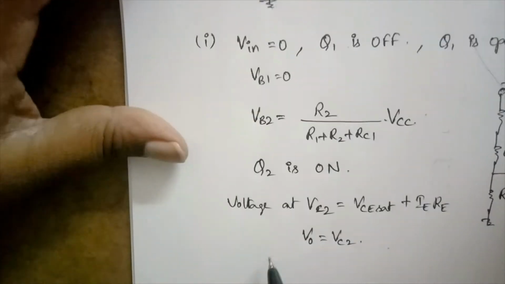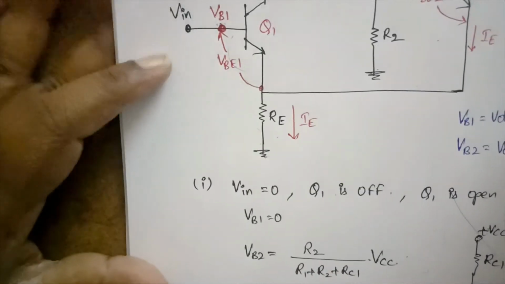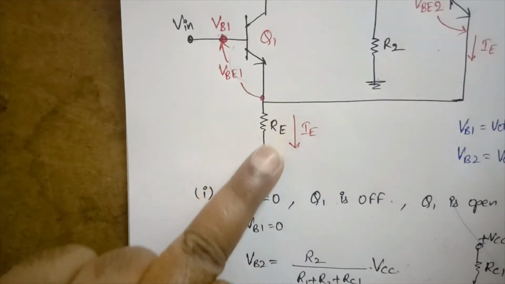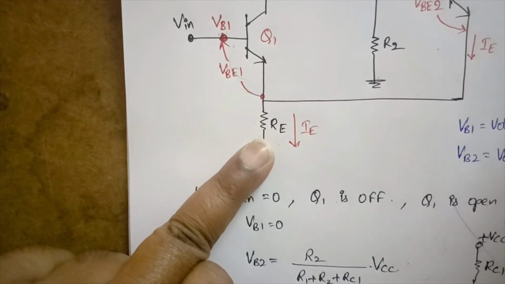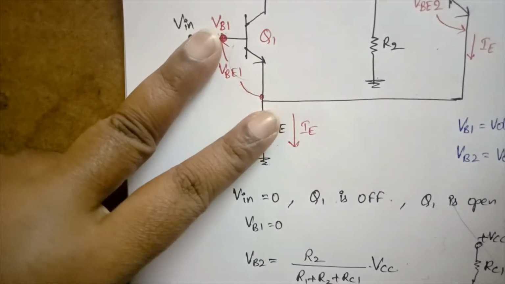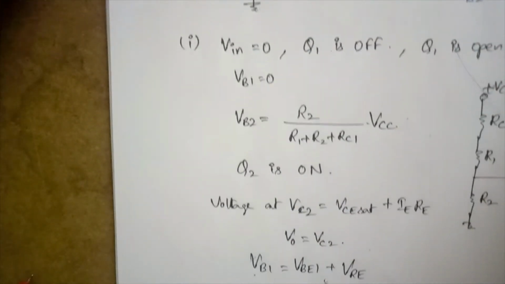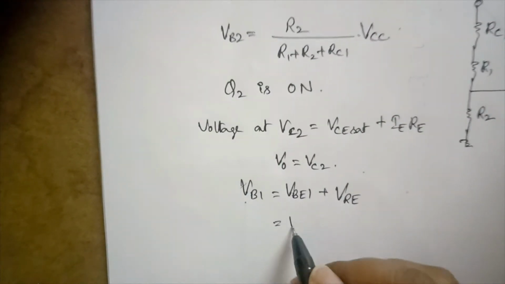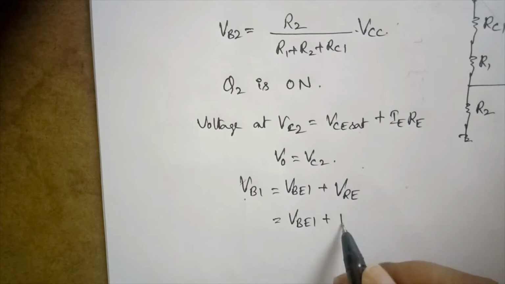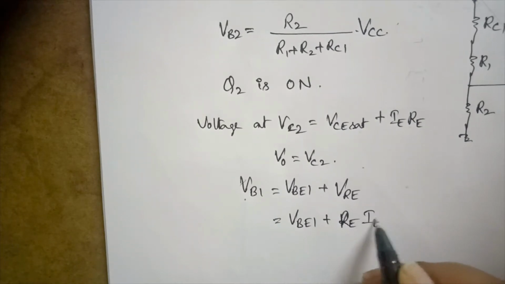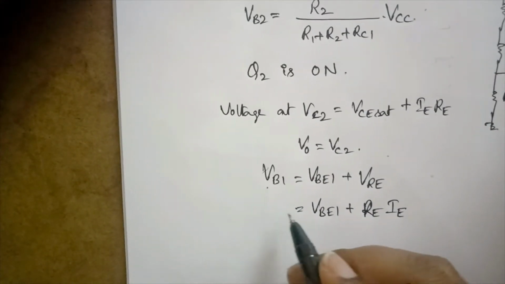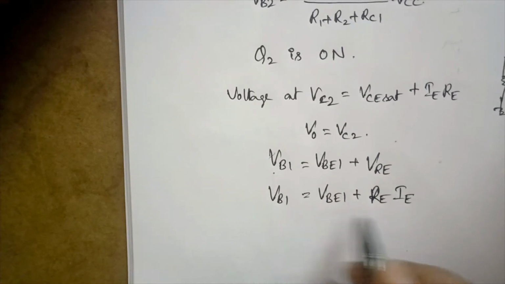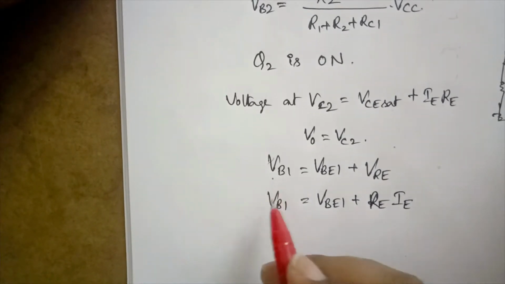From the circuit, when the current IE is drawn through RE, the drop across RE is IERE, plus VBE1. So VB1 is equal to VBE1 plus IERE.